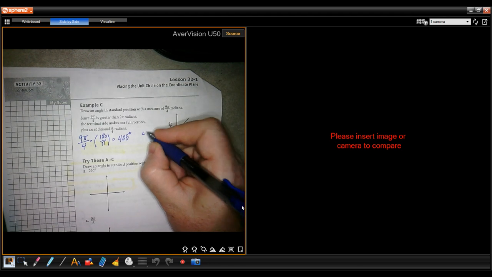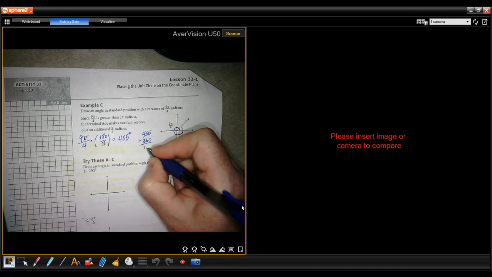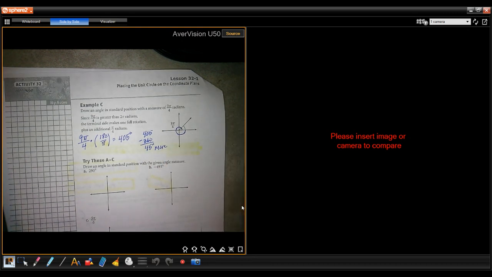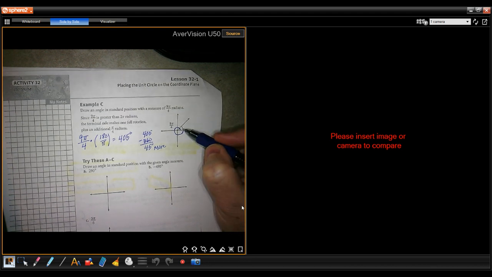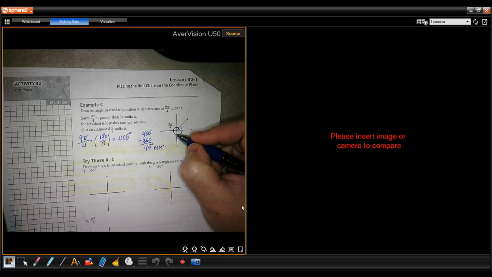Let's figure it out. 405 minus one circle, which is 360, is 45 degrees more. So you start on the positive x-axis, and then you go counterclockwise: positive 360, plus 45 more.